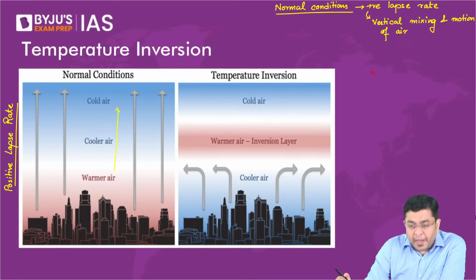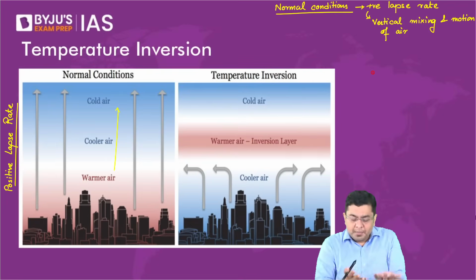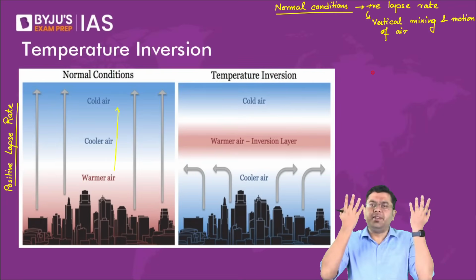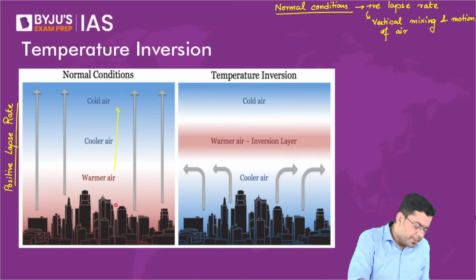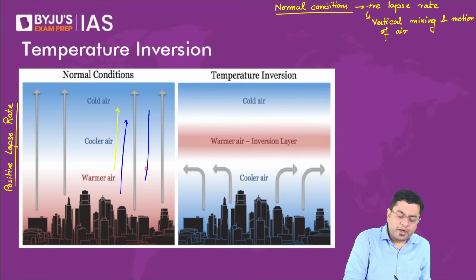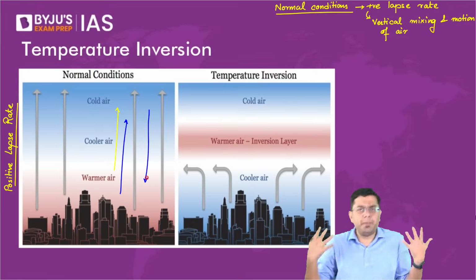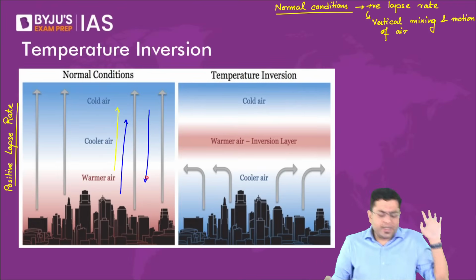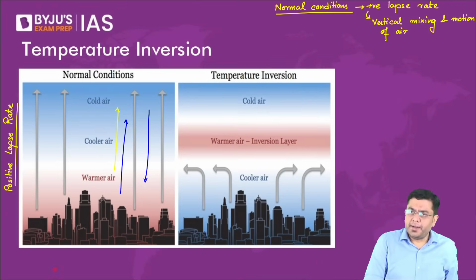Isn't it? When you have vertical mixing, what is vertical mixing? It means the warm air from the lower region will try to rise up, and air from the upper region will try to sink down. So there will always be a mixing. So even the pollutants, etc., get dissipated.